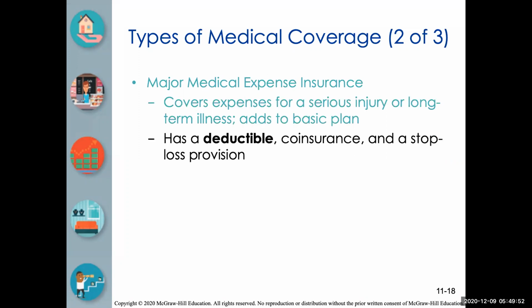And it also has a deductible, just like your basic plan does. It has co-insurance, like we've talked about, something like an 80-20, meaning that you pay 20% of the amount above your deductible, and the insurance company would pay 80% of the amount above your deductible. That's an 80-20 co-insurance. And a stop loss provision, so the MOP, maximum out of pocket.